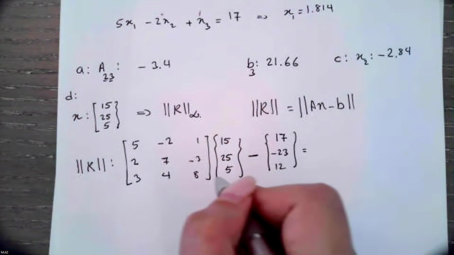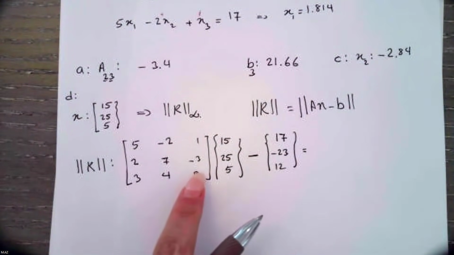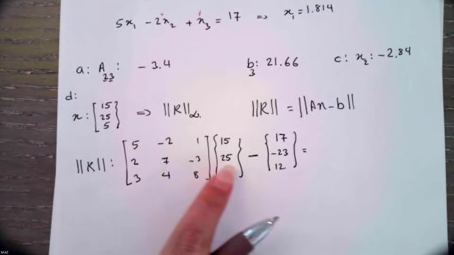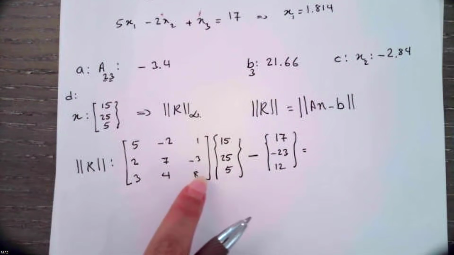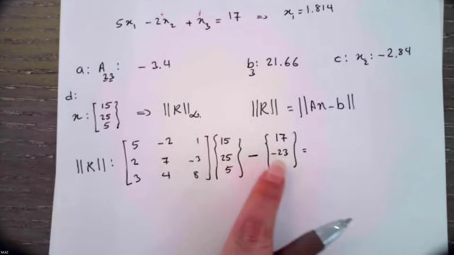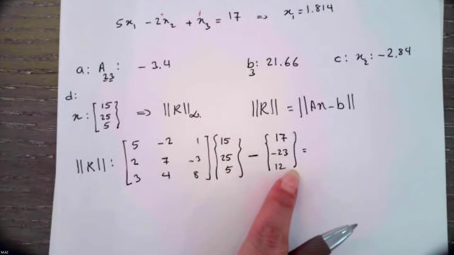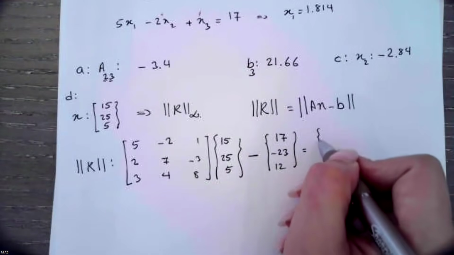Once we solve these systems, meaning multiply this matrix by the vector, we have a vector with dimension 3 times 1. Then subtract from this vector.